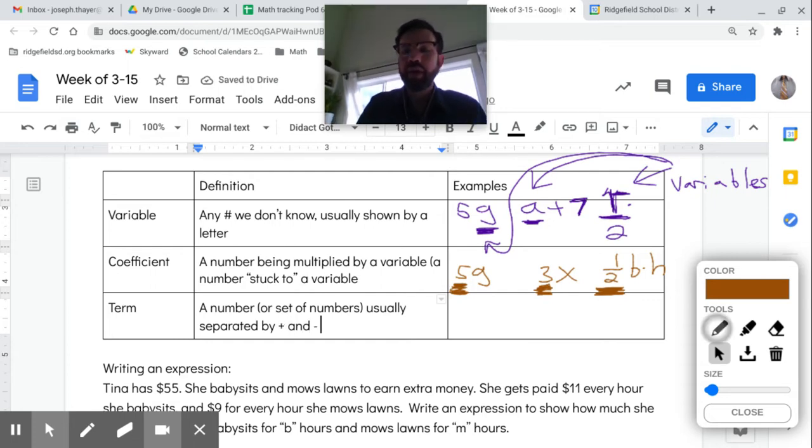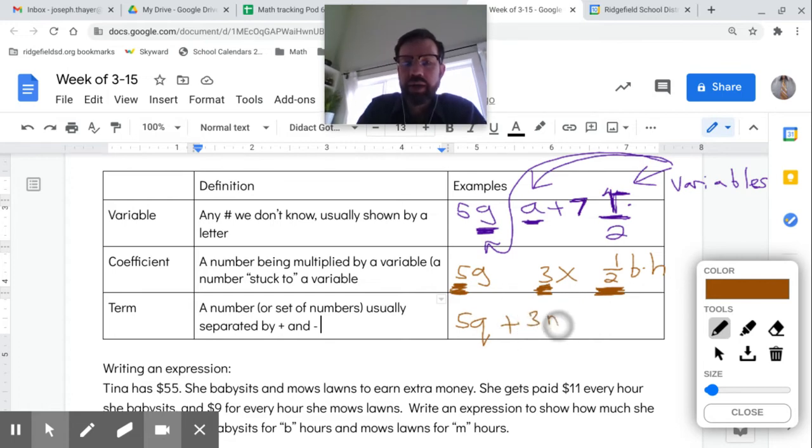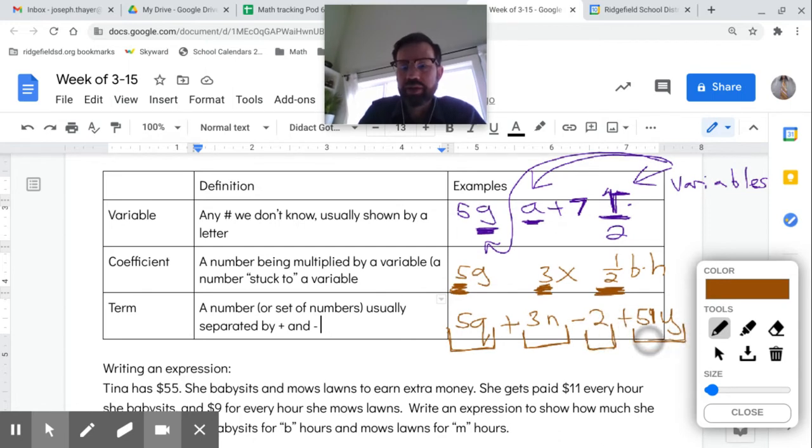So if I had 5q plus 3n minus 2 plus 5, well, let's say 51y, then this is a term, this is a term, this is a term, and 51y is a term.